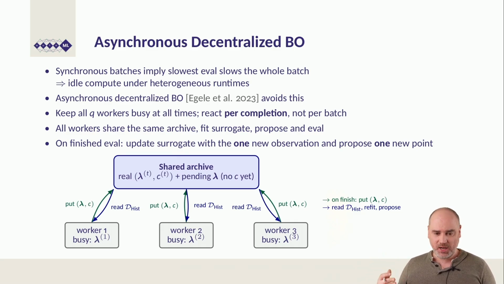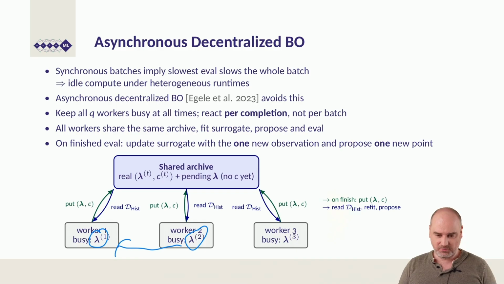Potentially, while we're evaluating that point, a new worker comes along, queries the archive again, and also wants to propose a point. Maybe this point is being evaluated here, and now worker 2 is also trying to propose a new point, but this point shouldn't be very close to the first one, right?